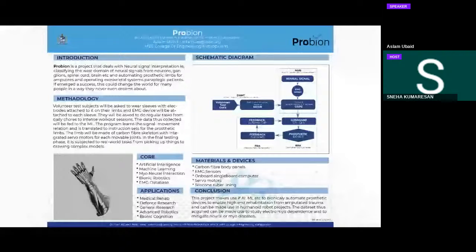Well, first challenge, taking EMG signals isn't as easy as we think it is.